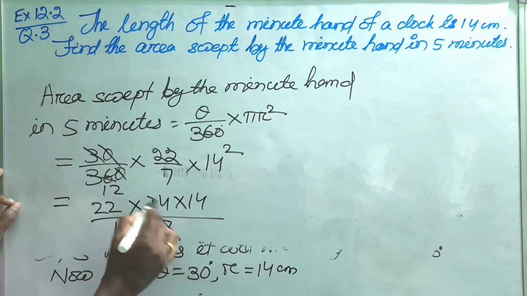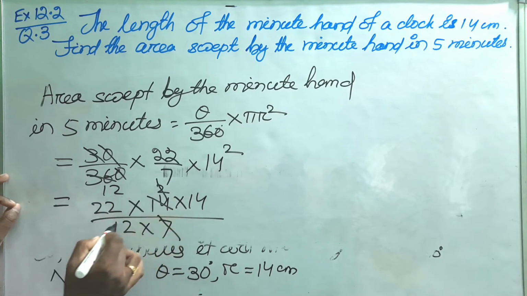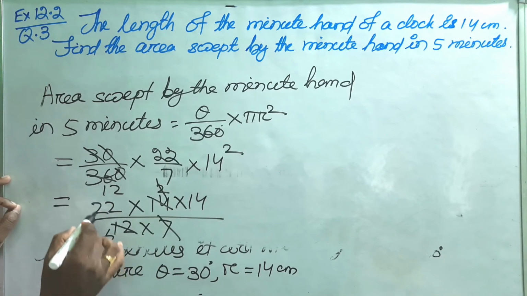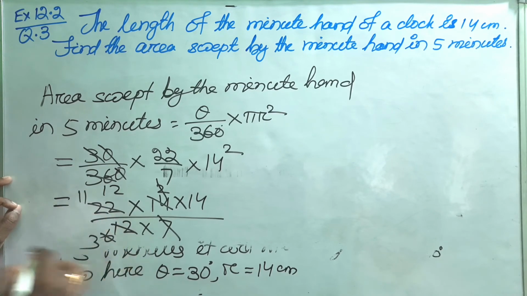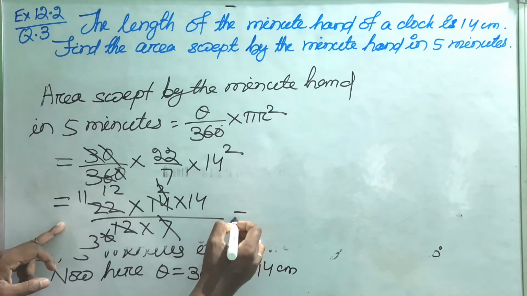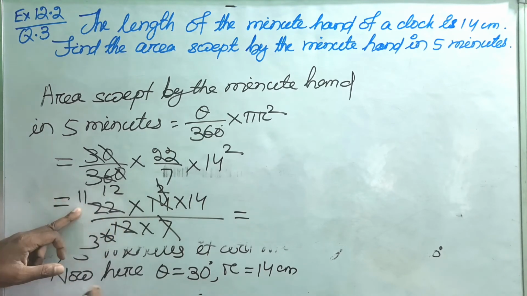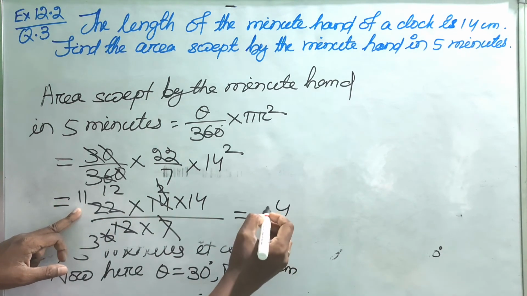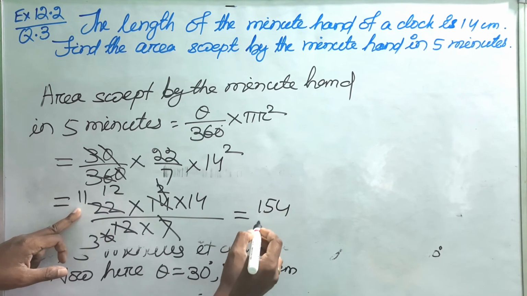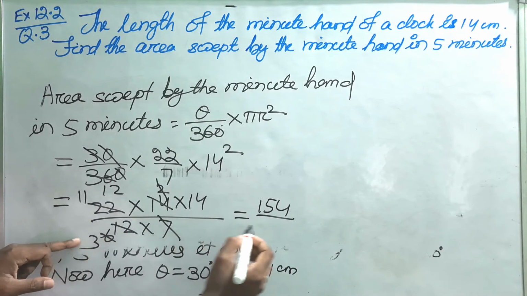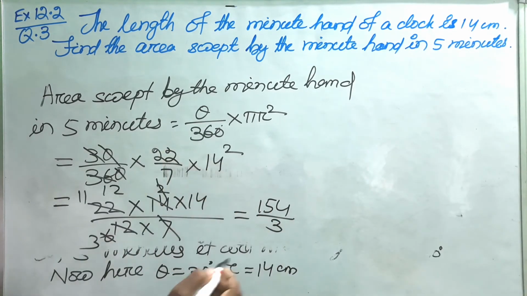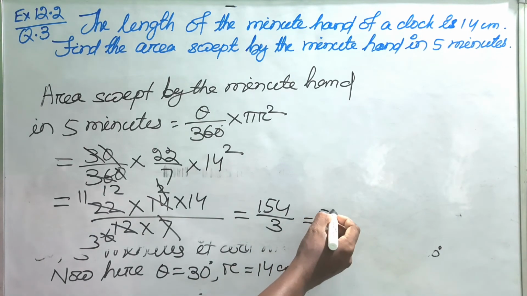Now 7 2s are 14, then 2 6s are 12, then 2 11s are 22. So this will be 14 into 11, which is 154 by 3 in the denominator. So your answer will be 3 5s are 15, 3 1s are 3, 51.